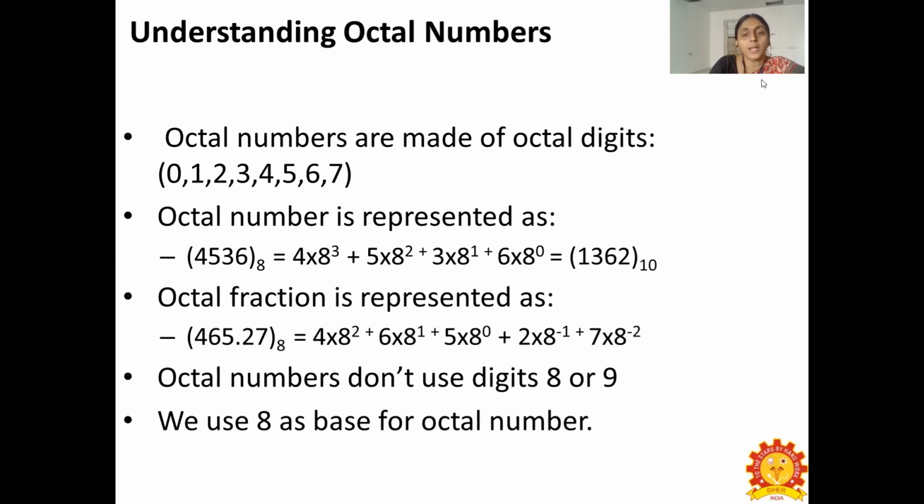After the decimal point, the digits are represented with negative power, so 2 into 8 power minus 1 plus 7 into 8 power minus 2. And octal numbers don't use digits greater than 7. That is, 8 or 9 or more than that is not allowed. It allows only the digits from 0 to 7.